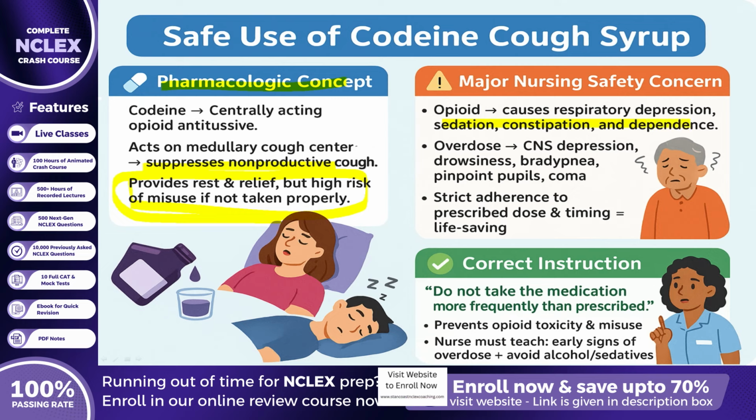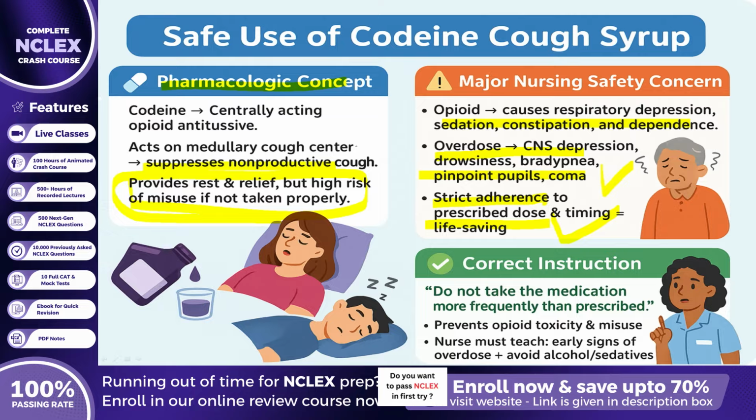The most crucial nursing responsibility is to emphasize strict adherence to prescribed dosage and timing. Taking extra doses can lead to life-threatening central nervous system depression characterized by drowsiness, bradypnea, pinpoint pupils, and even coma. Therefore, teaching the client to follow the prescribed schedule precisely and to avoid any self-adjustment in dosing is vital for safety.